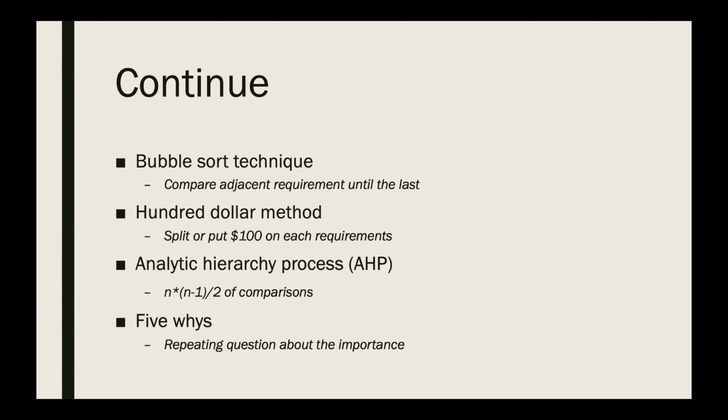Stakeholders split their desires into sub-problems and compare those elements together after the hierarchy is built. The AHP method uses a total of n times (n minus 1) divided by 2 comparisons at each hierarchy level. For the best result, this method is better to use with a small amount of requirements.